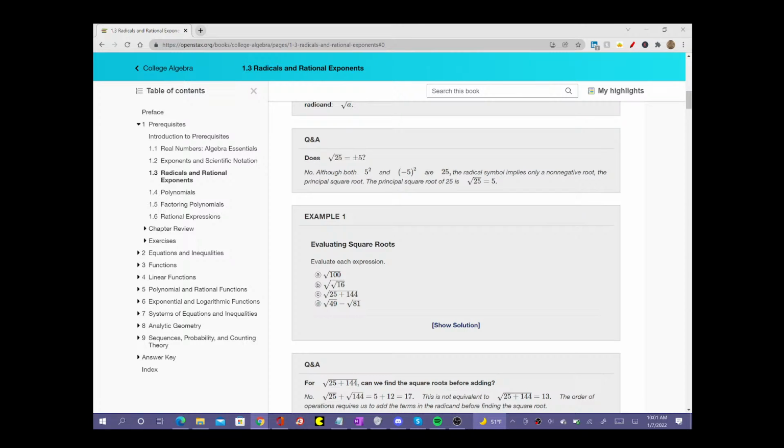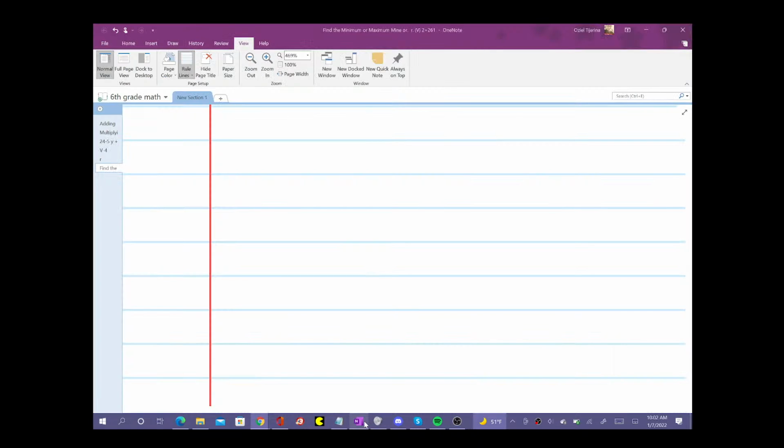Whatever radical expression we have, that is the positive square root of that. So basically, the square root of 100, for example, we know that that's 10, right?